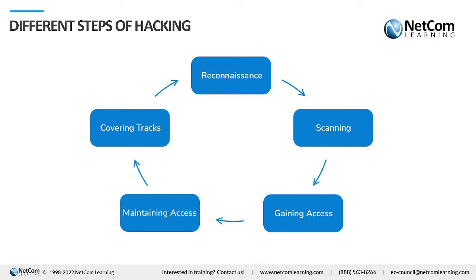So in the scanning phase, he can try to identify the alive systems in that particular IP range. Suppose he found that a C class IP is being used by the target organization. Now in a C class network, there are 254 computers possible. There are 254 devices you can connect in a C class network.